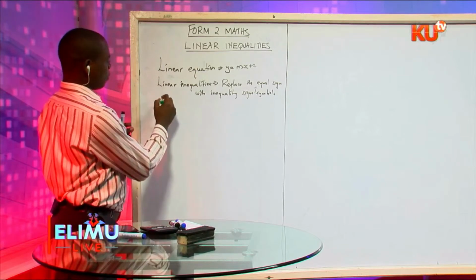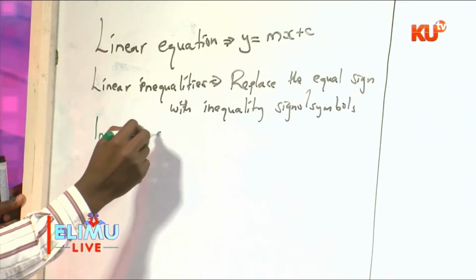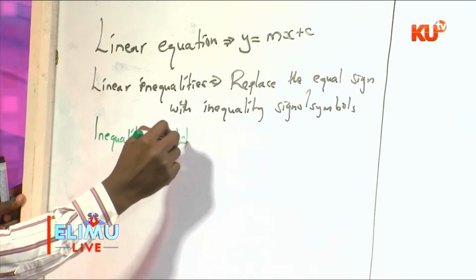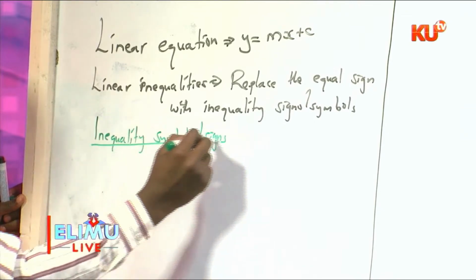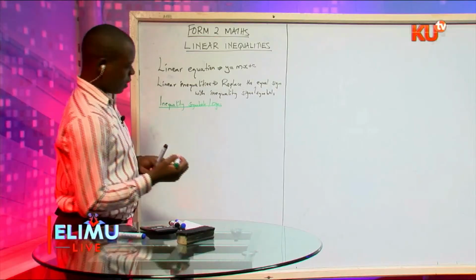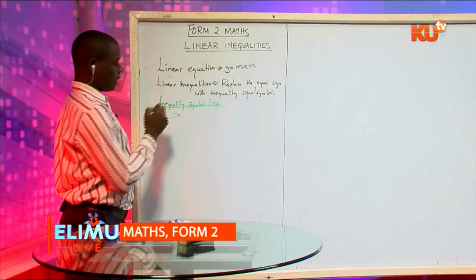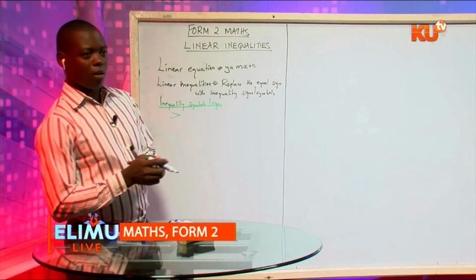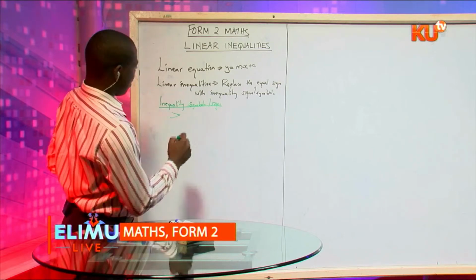So what are these symbols? These inequality symbols or signs are 4 in nature. We have this first sign. It appears like an inverted V facing to the right side.